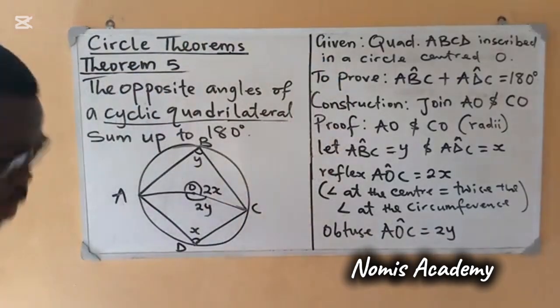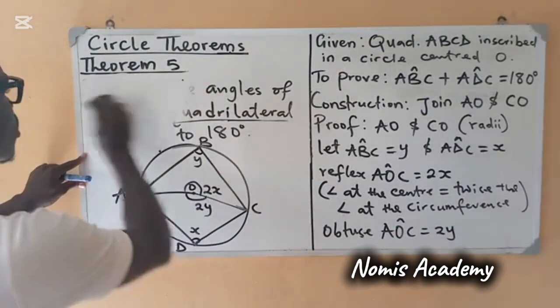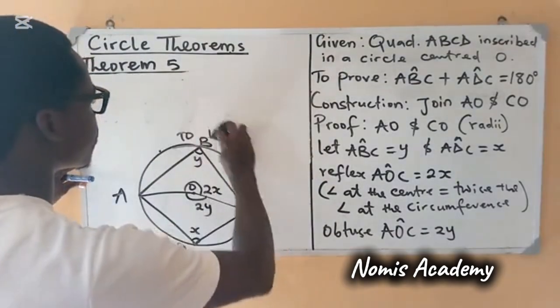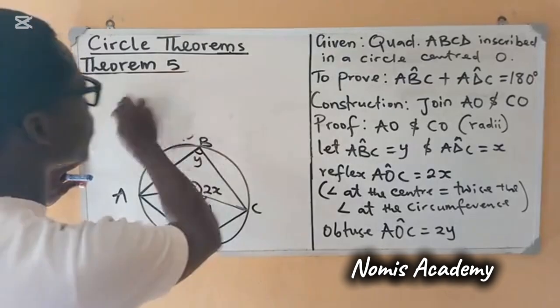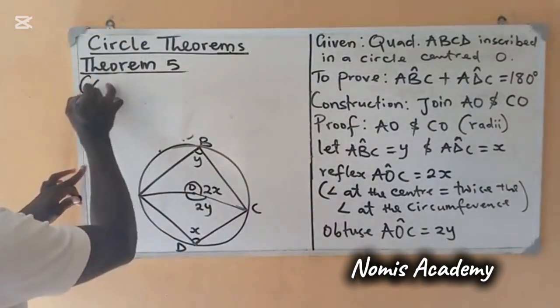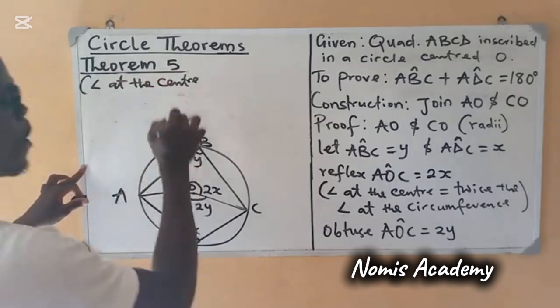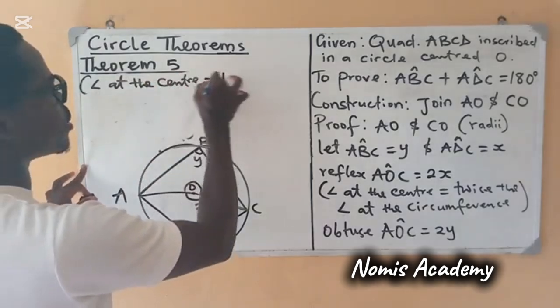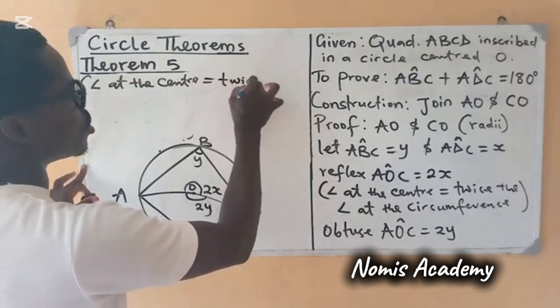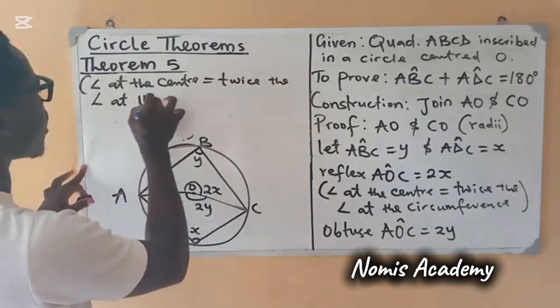The same reason, let's clean this other side. So the reason for this, we say angle at the center equals twice the angle at the circumference.